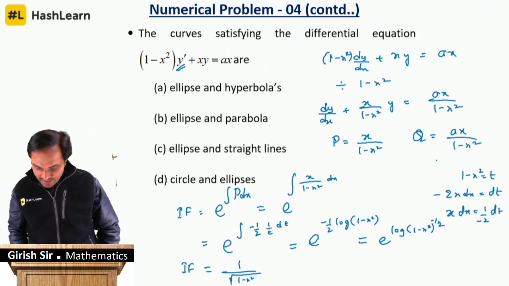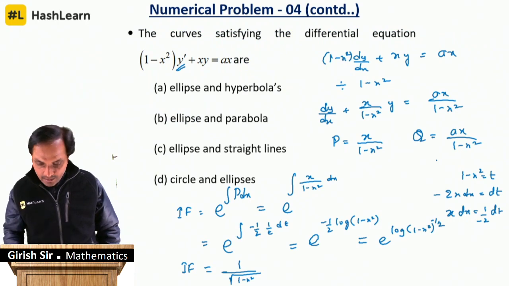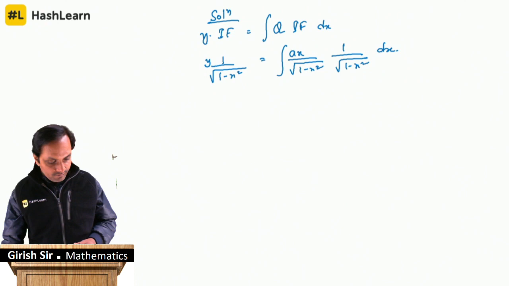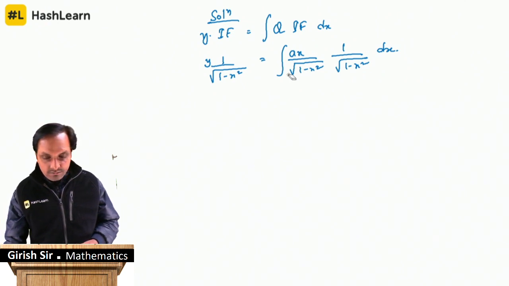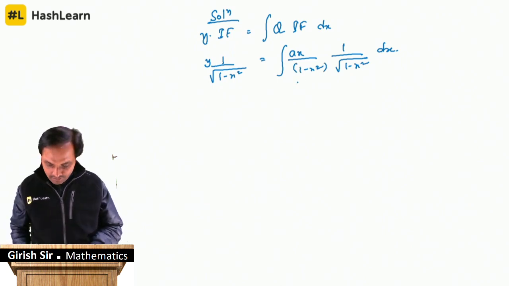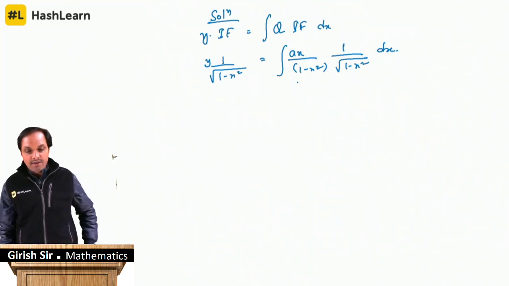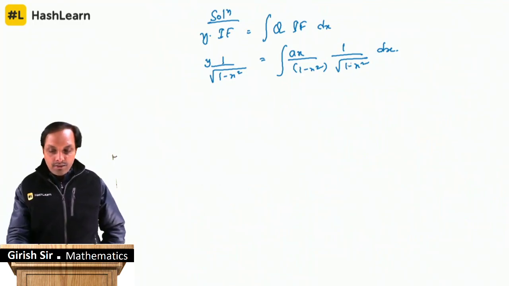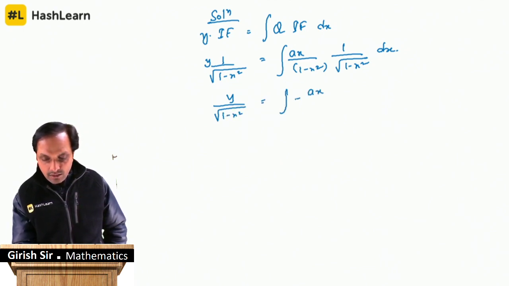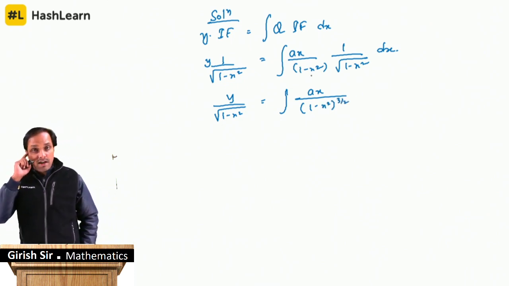Your q does not have the root term. Q is a into x by 1 minus x square. Before integrating, we will simplify this. The integrand is ax into 1 minus x square whole power 3 by 2, because 1 plus half is 3 by 2.